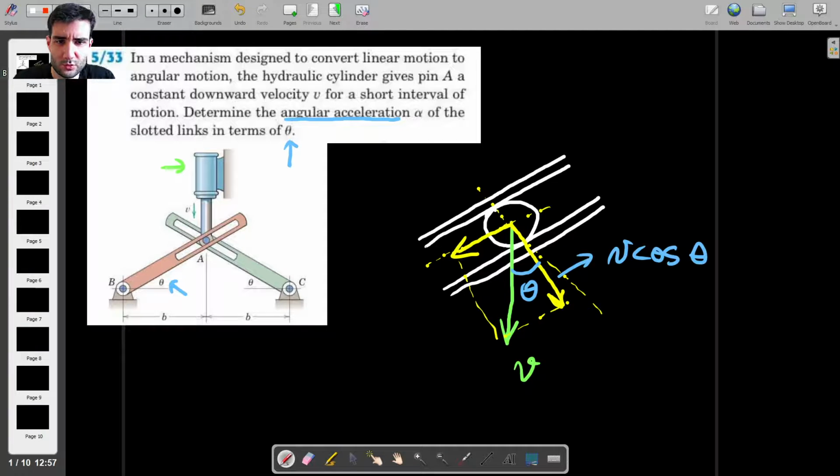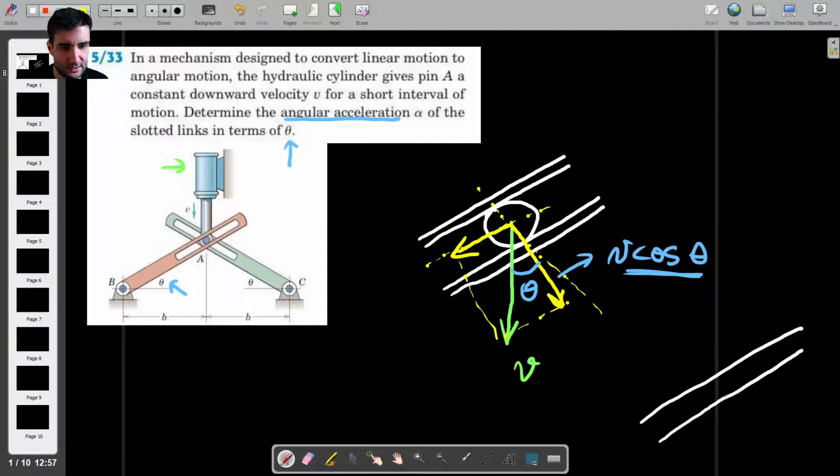And that's actually the velocity we have to use. Okay, and let's try to think why that's the case. So while that pin is going downwards, it's advancing into the links, perpendicular to the links, with this velocity here. And because it's slotted there, the links themselves, so let's try to draw this again. This is going to be, for instance, the lower part of the link, so this is going to be underneath that slot, right?